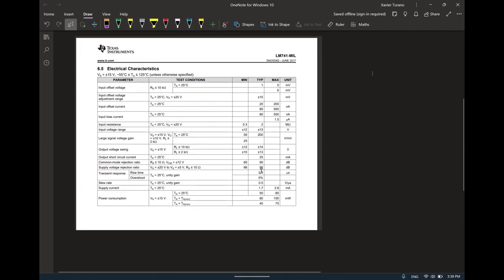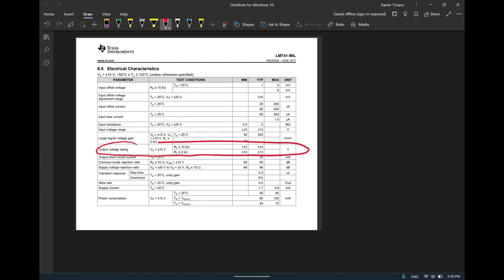Comparing this to the data sheet for the 741, we're looking at the output voltage swing. Now our value of resistance where we got our highest voltage was 106. So 106 ohms, sorry.